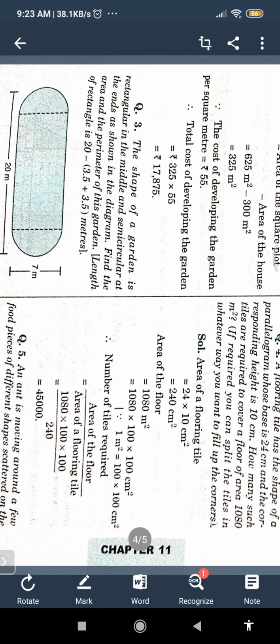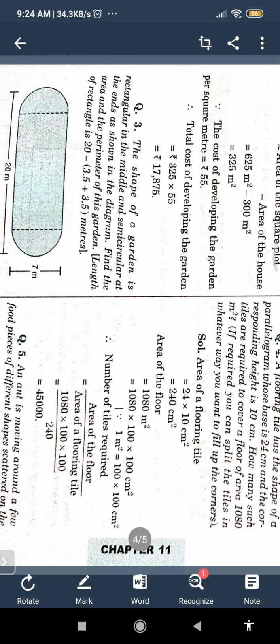The shape of a garden is rectangular in the middle and semicircular at the ends as shown in the diagram. The figure is given. That figure you have to draw in your notebook. Find the area and the perimeter of this garden.